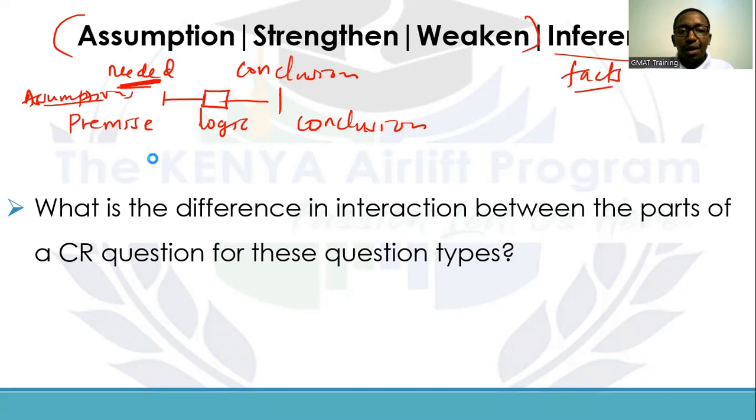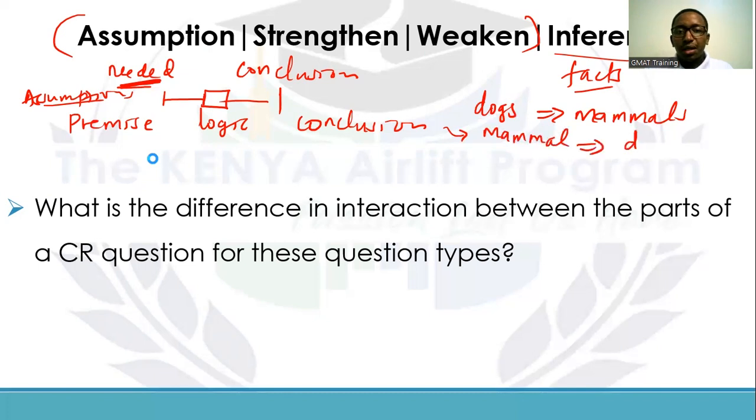If you have a statement that dogs are mammals, and then you have your conclusion as, if you see a mammal, then it is a dog.